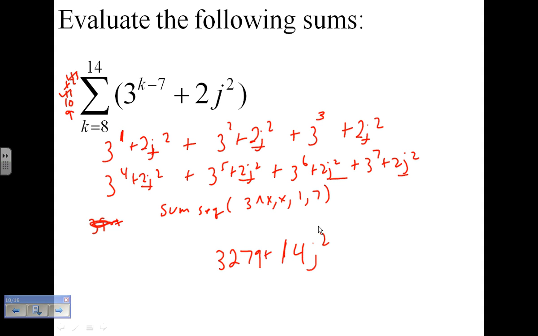Okay? Sounds good to me. There should have been 7 terms because 8 from 14 is a distance of 6. You count the end, you get 7. All right. Questions on that one? Good. All right, we're moving on.